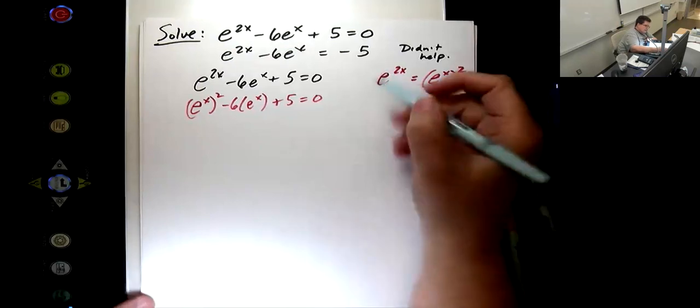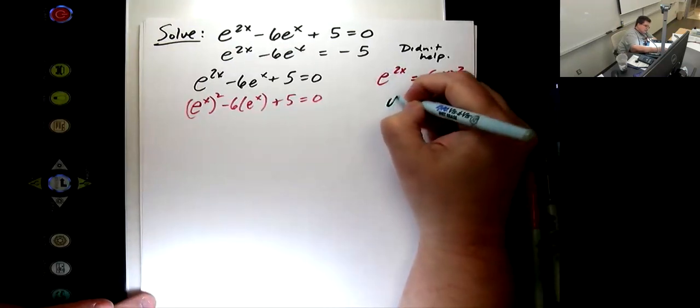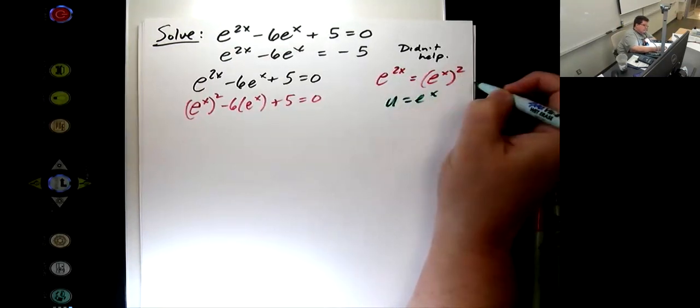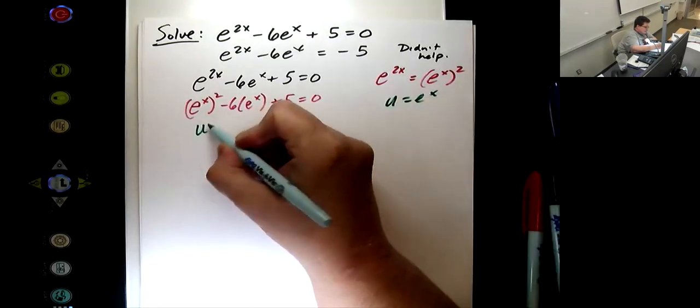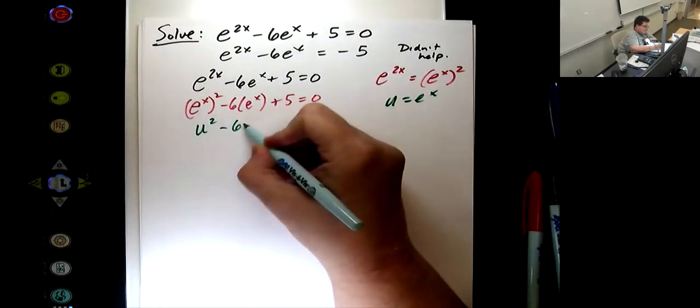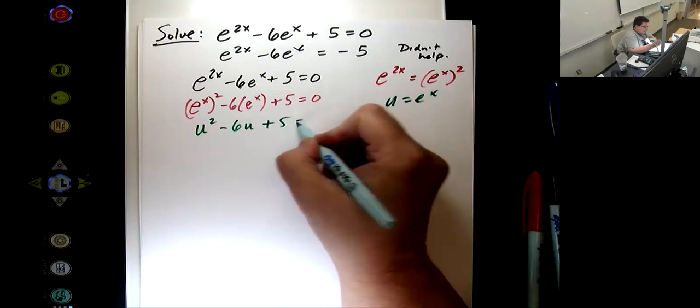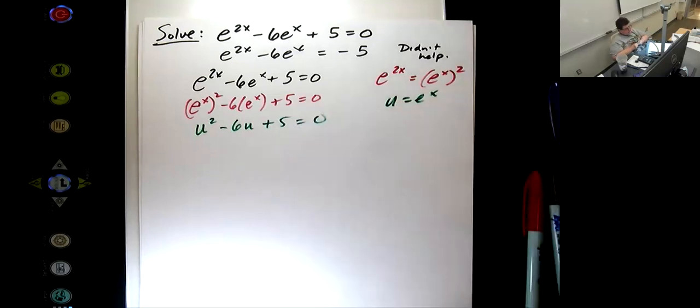Well, what if I did something like this? What if I said u equals e to the x? Now this looks like u squared minus 6u plus 5 equals 0.